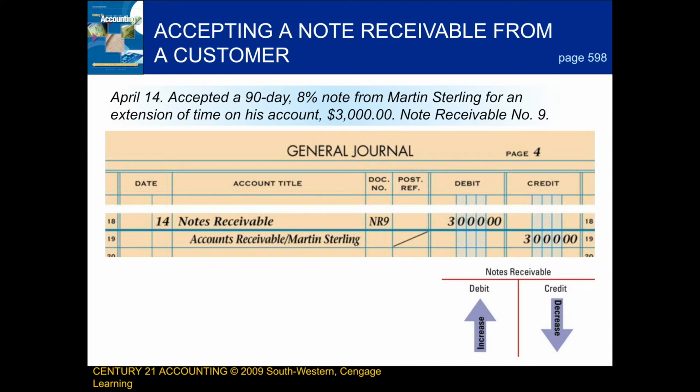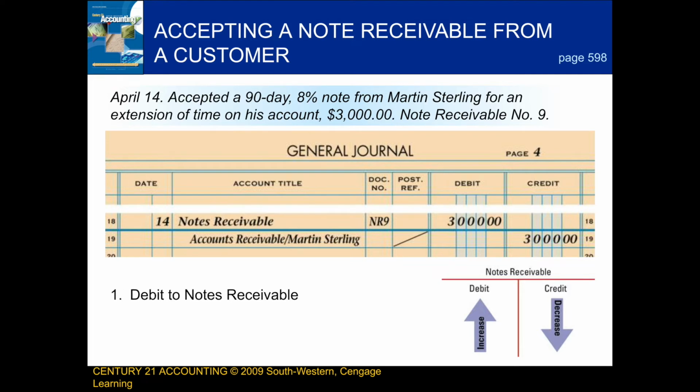Then, we write the second account titles, which are accounts receivable and Martin Sterling, in the account title column. After that, we place a slash in the post reference column. And finally, we record the amount, which is $3,000, in the credit column.